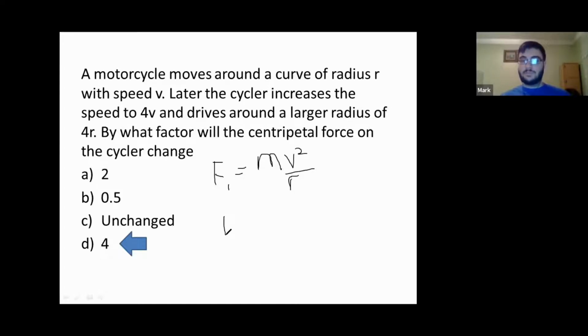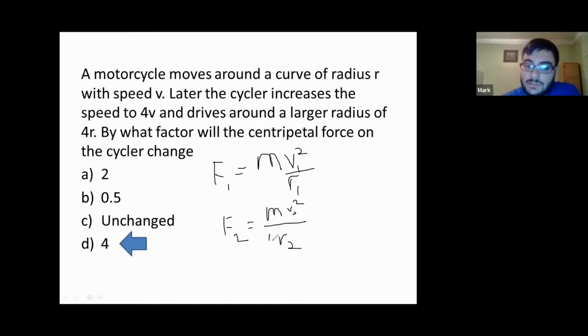We'll call this F1 initially, and we'll call F2 after a certain time. We'll say V1, R1, V2, and R2, right? We know that V2 is 4 times V1 and R2 is 4 times R1.